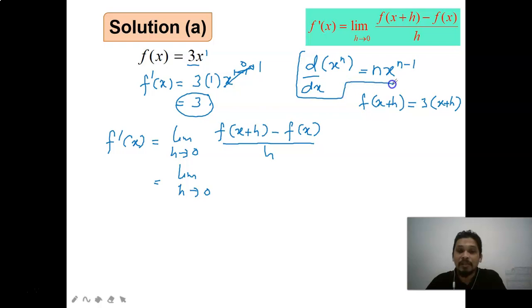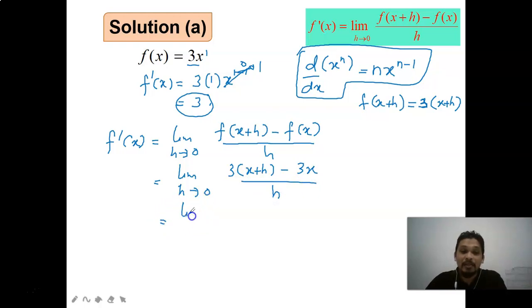Okay, this is a different part, but just recall your previous knowledge from secondary school. Okay, so 3(x plus h). So right now here, 3(x plus h) minus f(x), and f(x) equal to 3x, and everything divided by h.